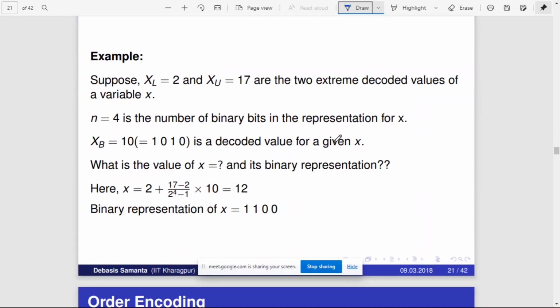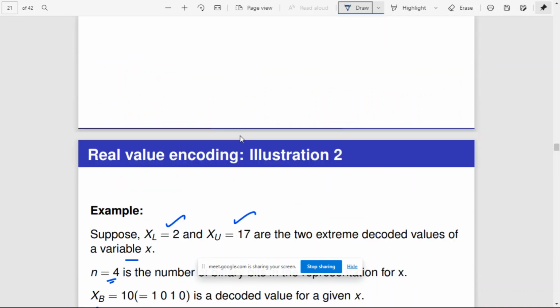So here is an example. Say suppose xl equal to 2, xu equal to 17, the two extreme decoded values of a variable x, that is, x lies between 2 and 17. Say n is equal to 4. Here xb is given. Say xb is equal to 10.